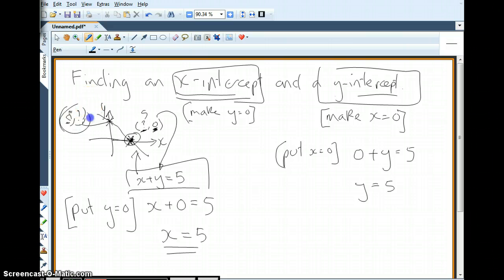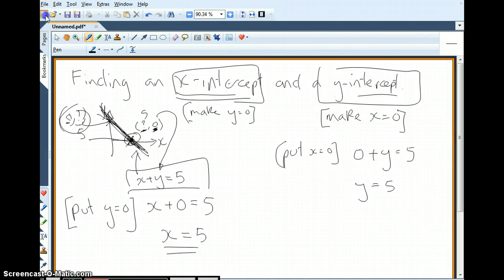In other words, over here, the question mark is 5. So that coordinate there is 0, 5. And it makes sense. And you can just join those two dots, 0, 5 with 5, 0, and you get a straight line.